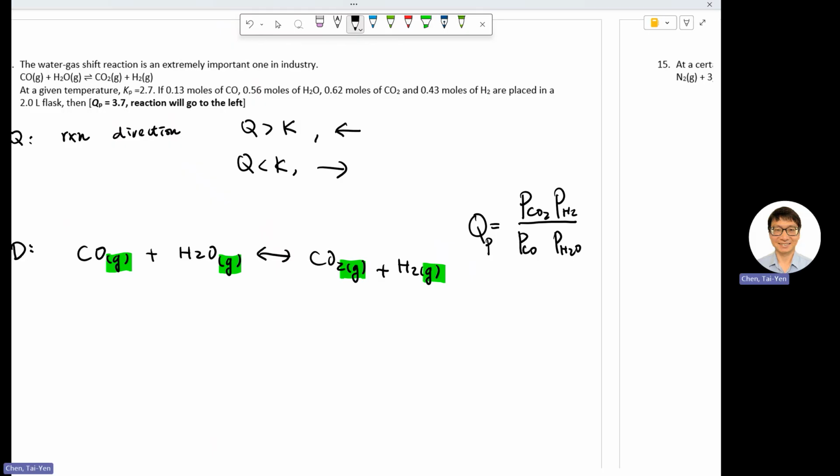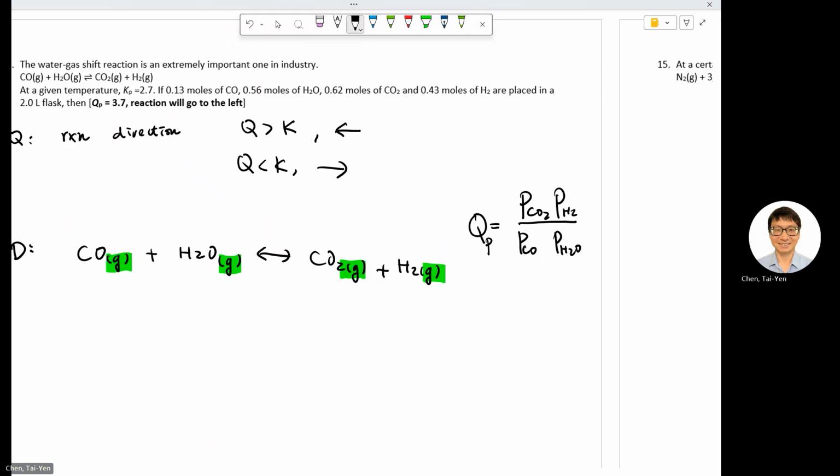Previously, in the example we went through, we said if you have H2O in the liquid form, then it cannot go into the chemical quotient equation. It's only for the liquid form. If you look at this question more carefully, everything is in the gas form. Therefore, your H2O needs to go into your chemical quotient equation. So make sure you know the differences.